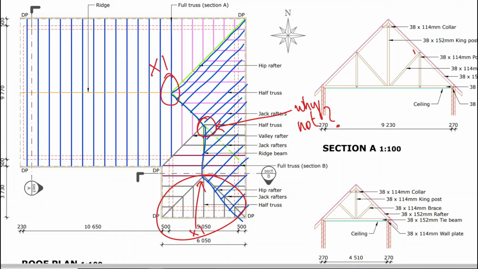What we have here is not necessarily a sort of a ridge to hip scenario. What we have is a hip that's going to come down slightly, this piece here. In fact, I want to call this a ridge, to be honest. It comes down slightly to this lower peak.